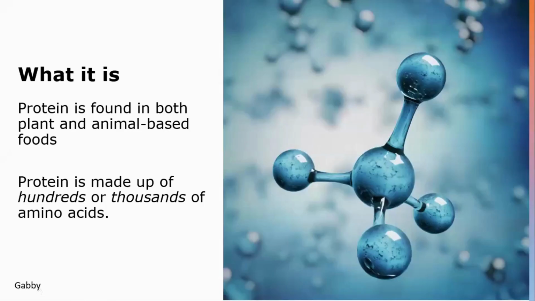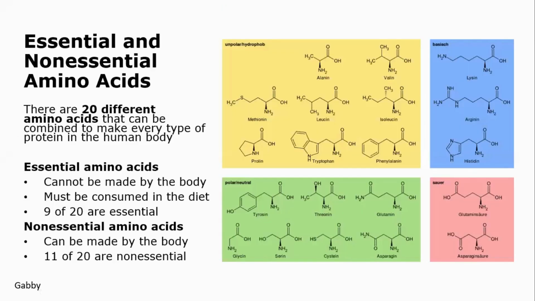So what is protein? Protein is found in both plant and animal-based foods, and protein, like Courtney said, is made up of hundreds or thousands of different amino acids. So let's get into more of what amino acids are when it comes to your diet. Like Courtney said before, there are essential and non-essential amino acids.